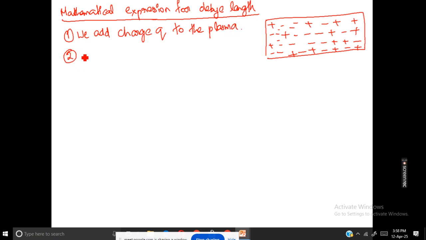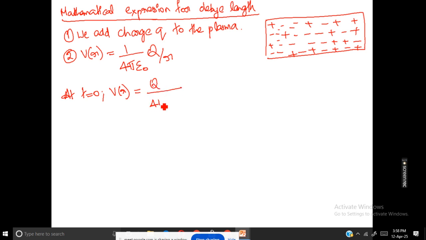The potential associated with the charge Q is given by 1 by 4 pi epsilon 0 Q by R. At t equal to 0, when we just added the charge, the potential at R is given by Q by 4 pi epsilon 0 R. This is the potential associated with the charge initially.